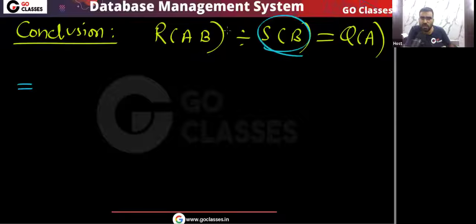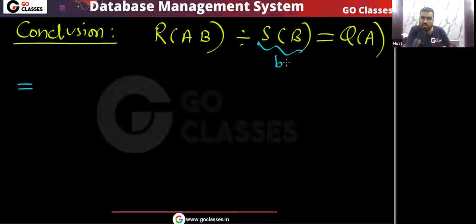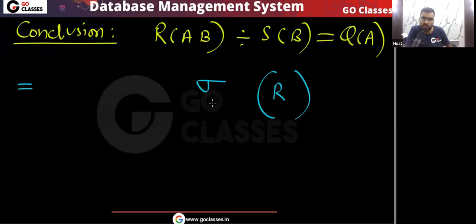For every S value, for example B1, I will find the A values which are pairing with B1. From the table R, I will select those tuples where column B is equal to Bi.